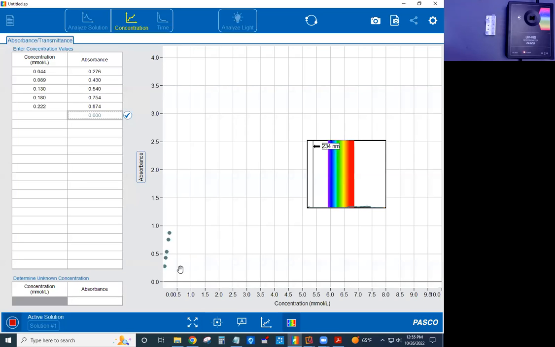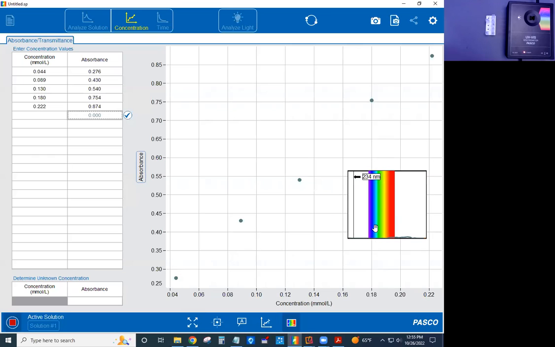I'm going to expand the graph. That's looking linear, but how do I make sure I do a line? Give me one moment to turn off the closed captions because it's blocking my buttons. Let's see.